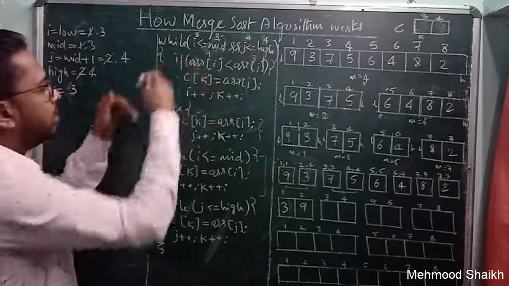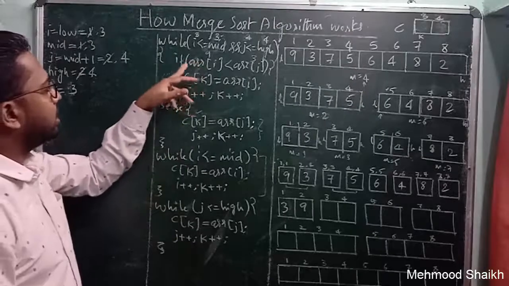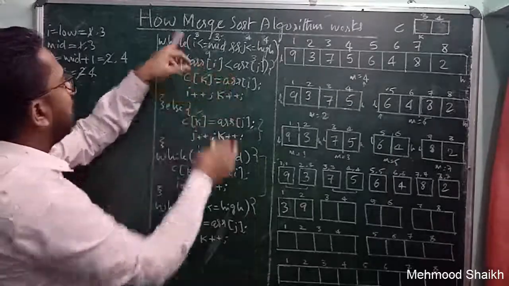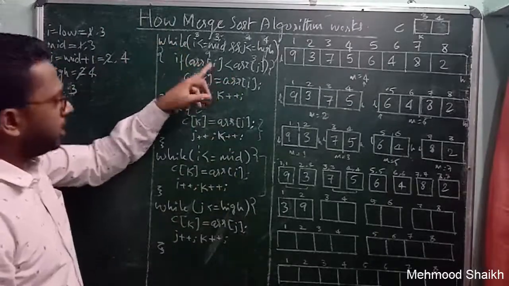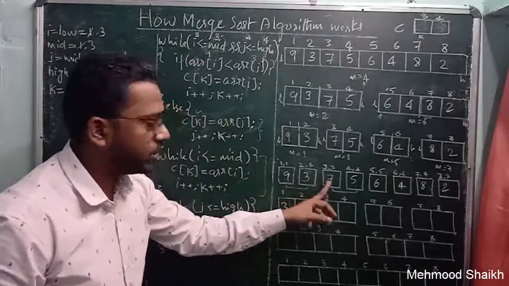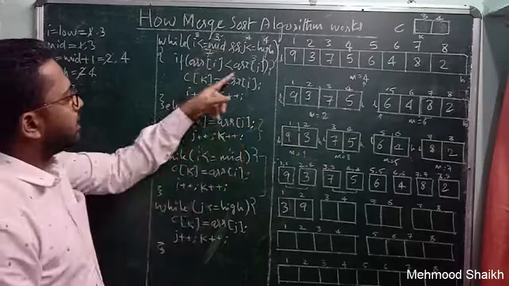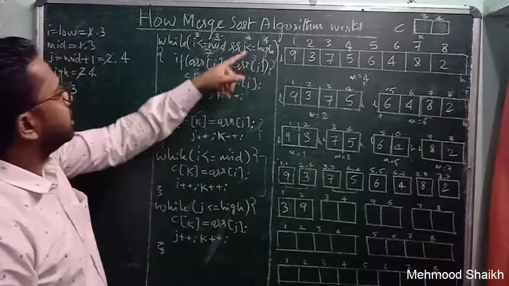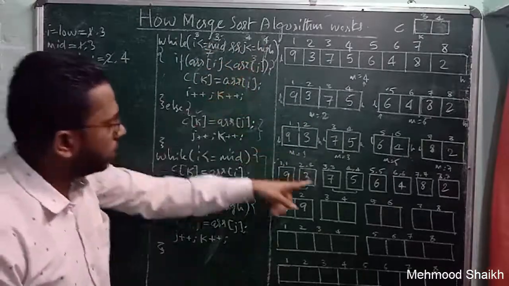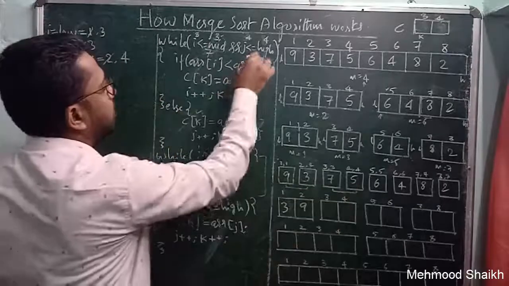That means control will come inside the while loop, where we will check this if condition. array of i, with i being 3, array of 3 is this element 7. If 7 is less than array of j, what is j? j is 4 and array of 4 is this element 5.